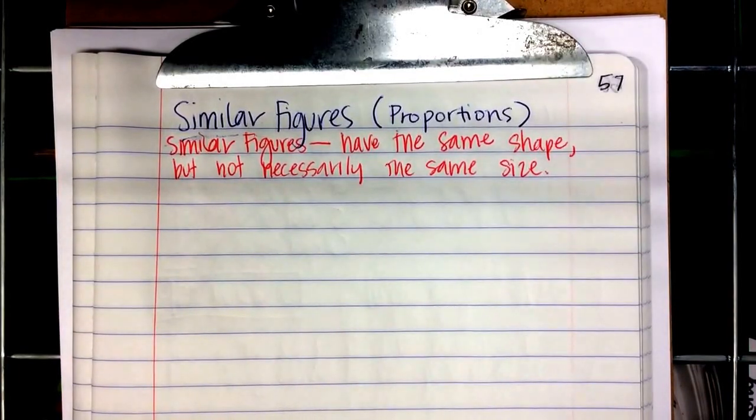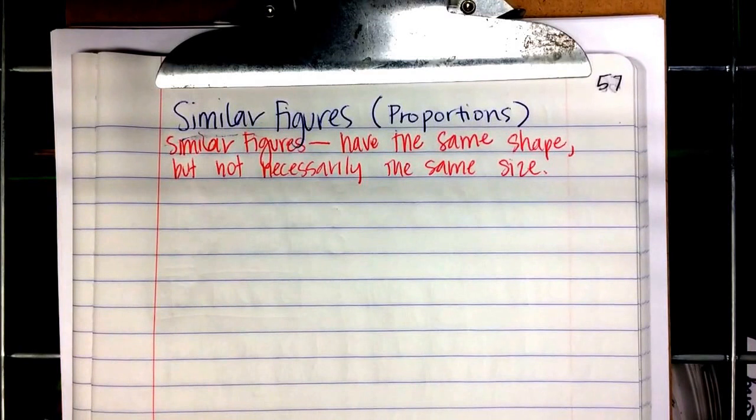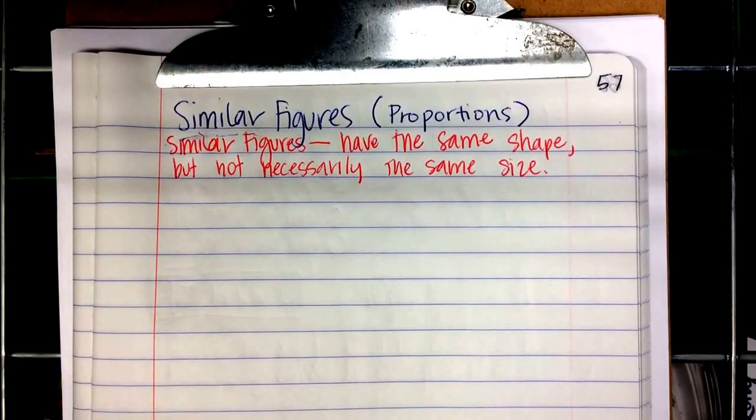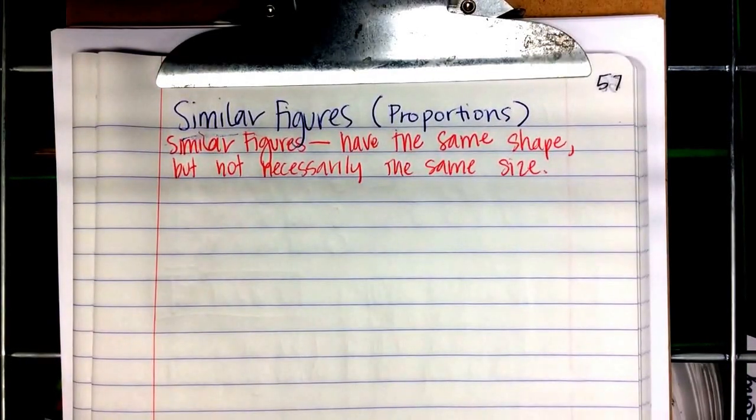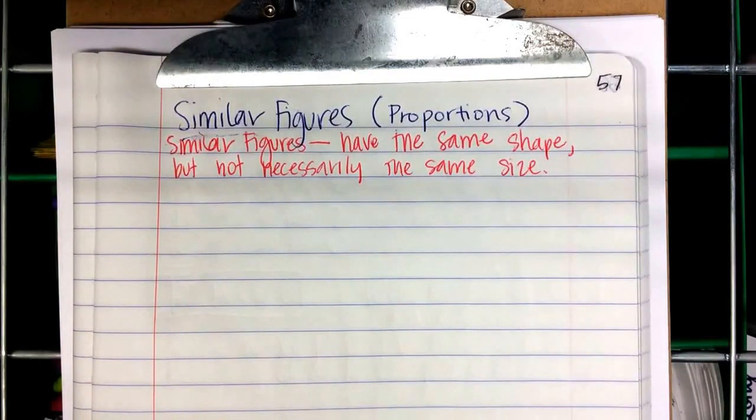I mean, if they're exactly the same, sure, they're similar. They look alike. But similar figures most of the time are not going to be the same size. They're going to be the same shape. They look the same, but one's bigger and one's smaller. Similar figures have the same shape, but they're not necessarily the same size.